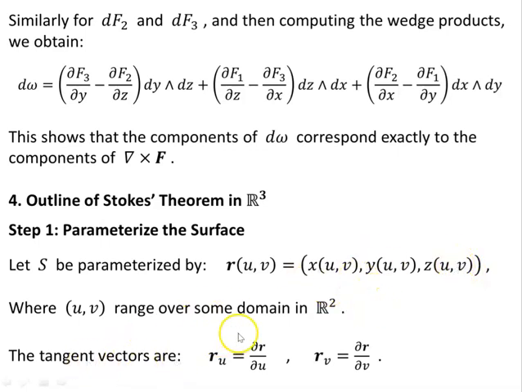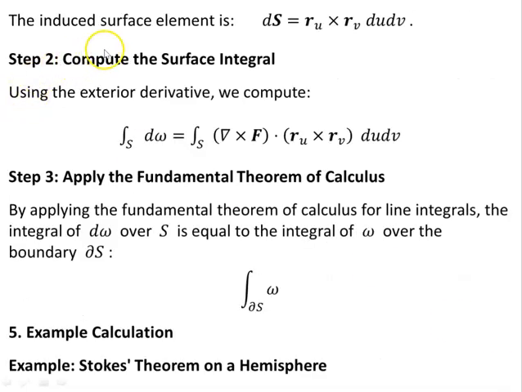Now the tangent vectors to this, which will help us find a normal vector shortly, are R_u, which is partial R over partial u, and R_v, which is partial R over partial v. They'll give us the tangent vectors at each and every point on the surface here. And then the induced surface element is this vector dS, which is R_u cross R_v.